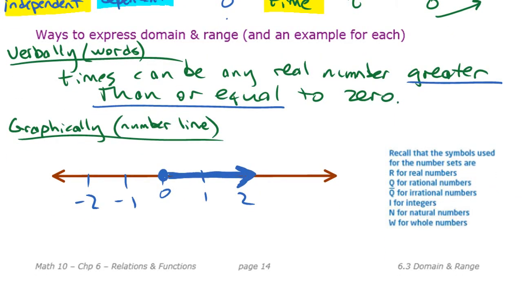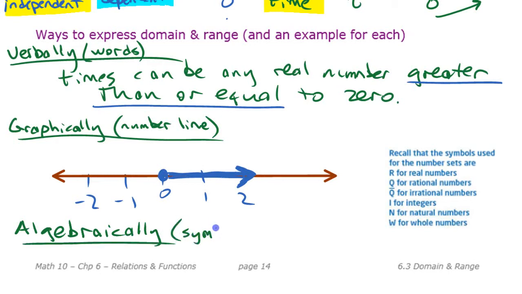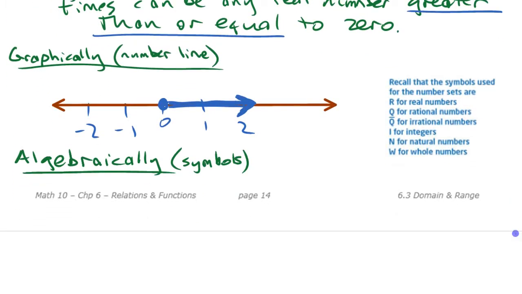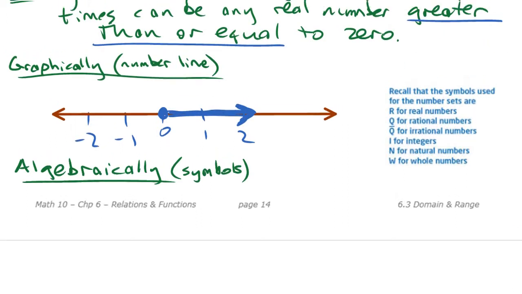Some other ways you can show this. You can show this algebraically, which is like symbols, you know, mathematical symbols. The way you can show it algebraically, I'm going to have to write, hopefully you're able to fit it in on your page, but you can basically just say this, because I know you know how to say this mathematically.